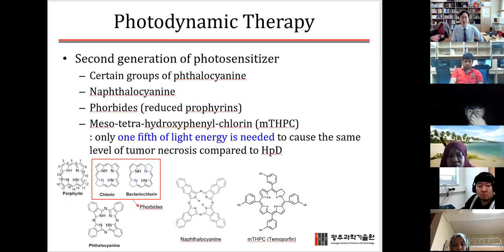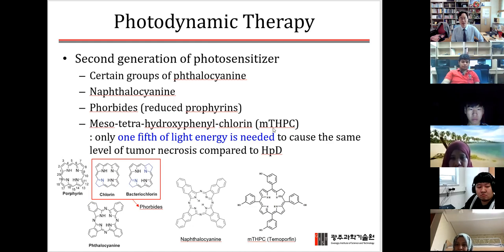So second generation photosensitizers are shown here. They are phthalocyanine, naphthalocyanine, or 4-bis, which is a reduced porphyrin, and also mesotetrahydroxyphenylchlorin, MTHPC.